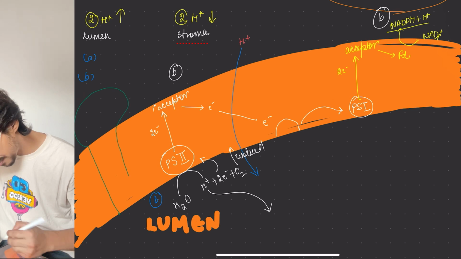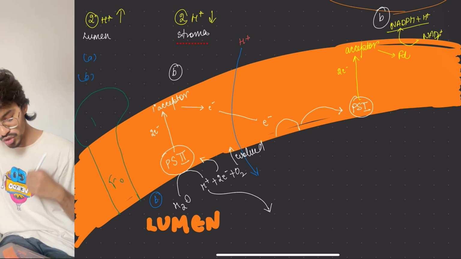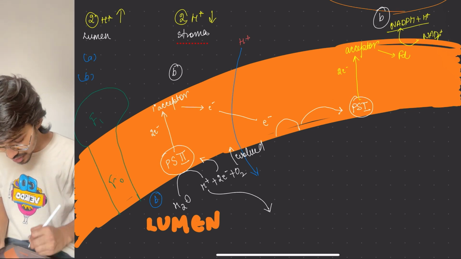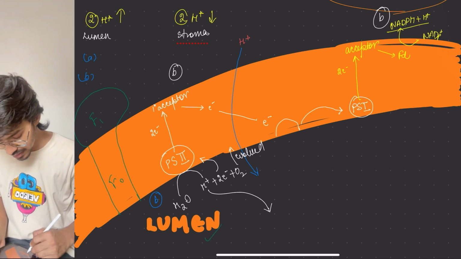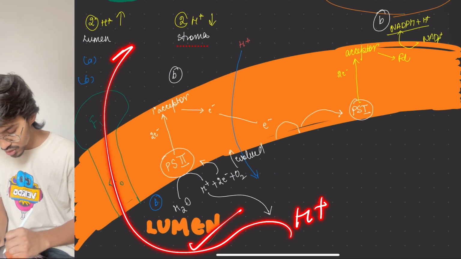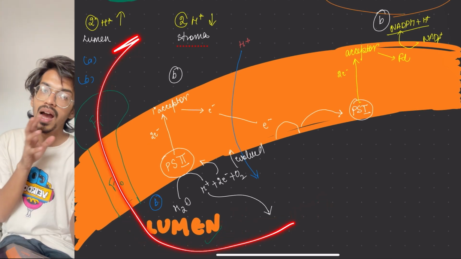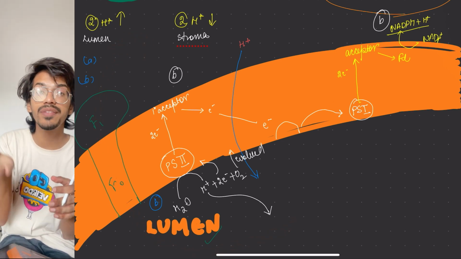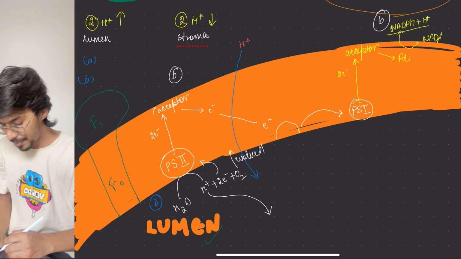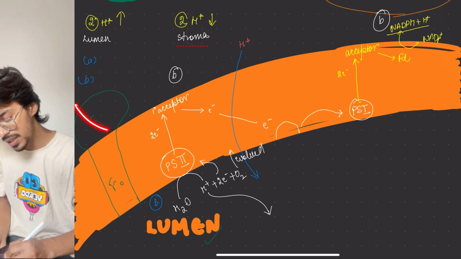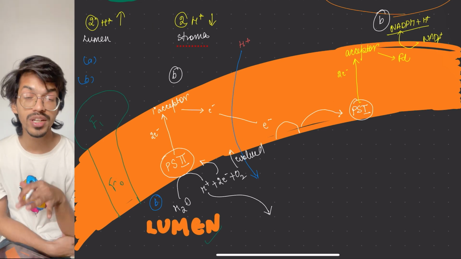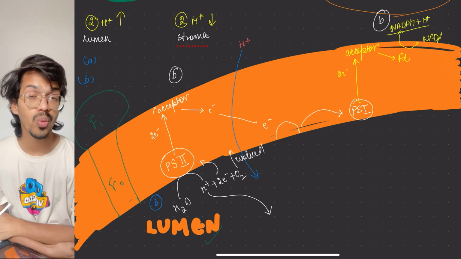F0 will be embedded, F1 will be outside over the stroma, because it will go from higher to lower concentration. Higher concentration is in the lumen. So everything goes from the lumen, from here to here. As it goes from here to here, outside it will become high, inside again low. Continuously this will happen. Along with that, ATP will keep on forming. I hope you understood how the chemiosmotic hypothesis is working.